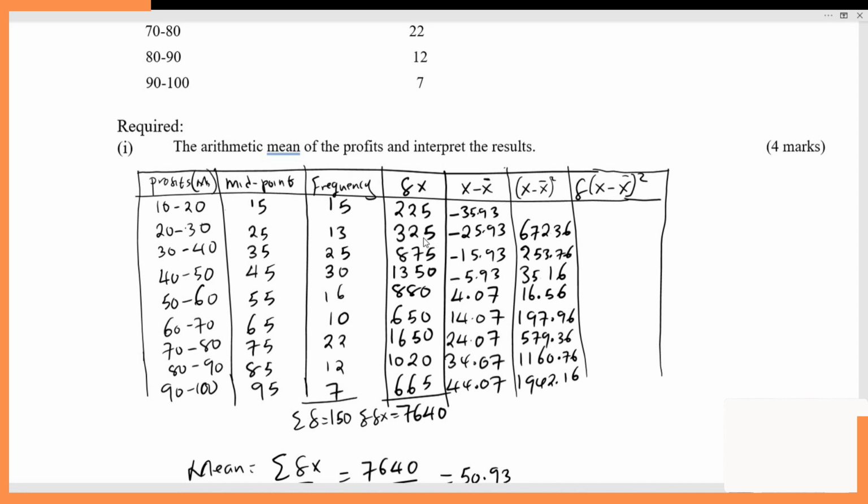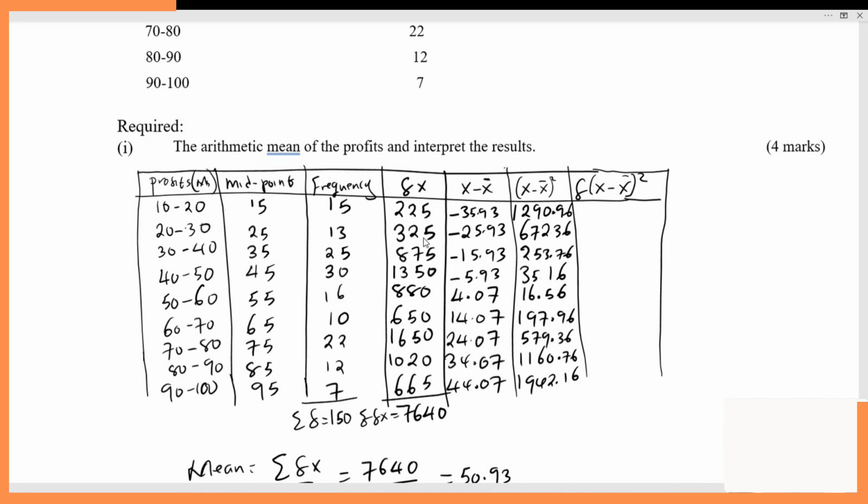And finally, 35.93 squared gives me 1290.96. So I hope we are done. We are correct up to that point, and you are following.